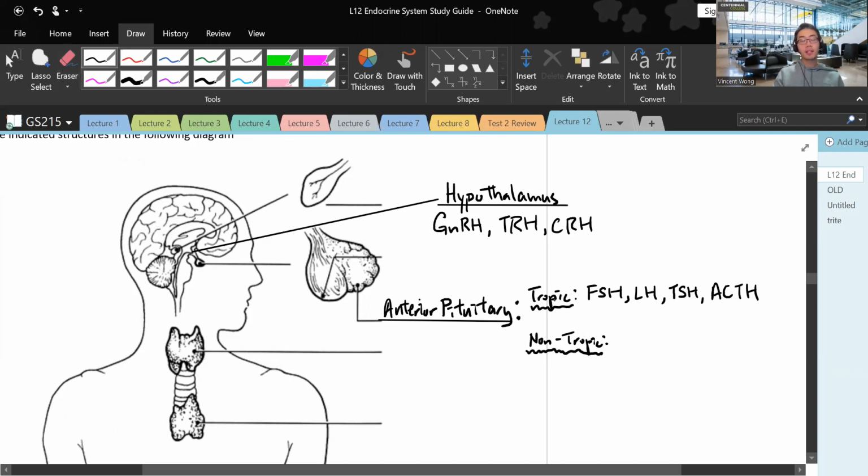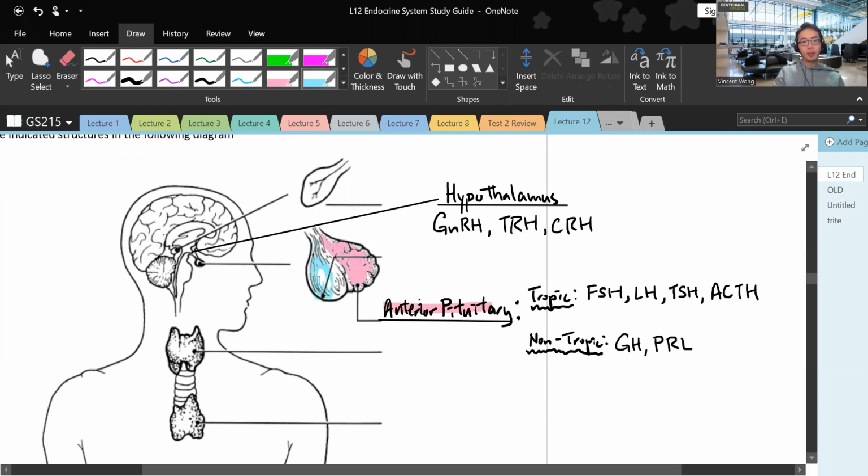Again, they're tropic because they target another gland in the body. As for non-tropic hormones, we have the growth hormone and prolactin for milk production. So that's the anterior pituitary gland right here.